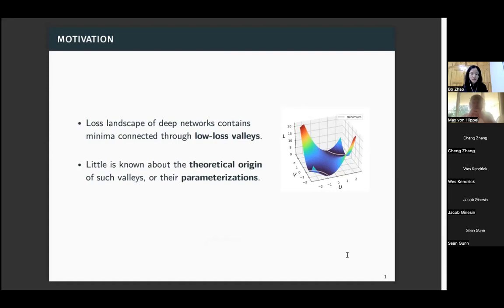And other questions such as, is there a way we can move along these minimums so that the loss is not changed? This leads to the concept of symmetry, which is transformations that leaves something unchanged. So in this case, we want to travel on the level set of the loss function, in this case, the minimum, so that we don't change the loss.